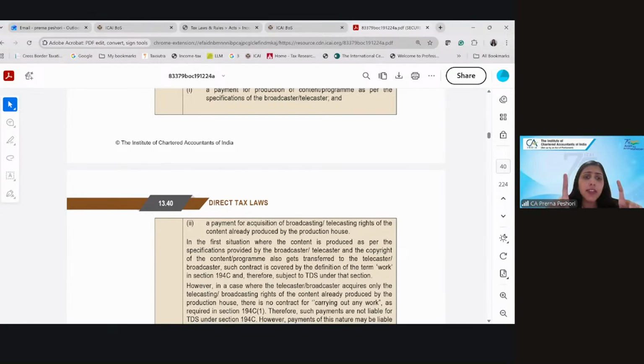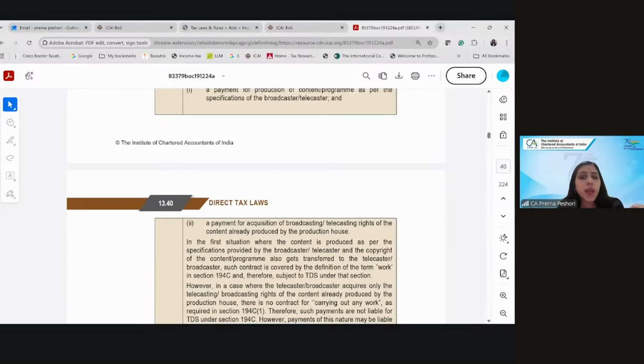So what the CBDT is trying to say is: is it a job work wherein on the specifications of, let's say, Star Plus or Jio Hotstar, the serial or the content or the film has been produced, or is Jio Hotstar just acquiring the broadcasting or telecasting right of the content already produced by Balaji Telefilms.